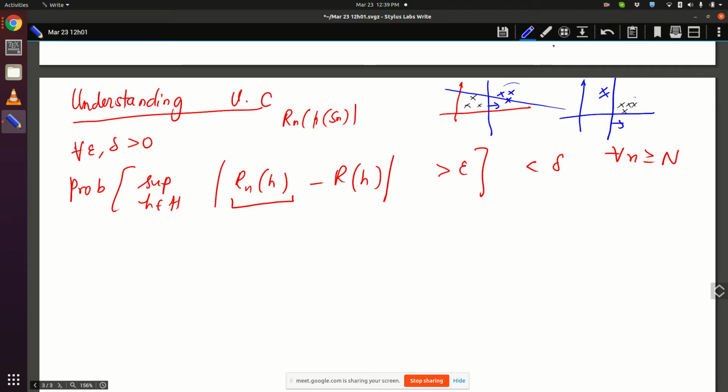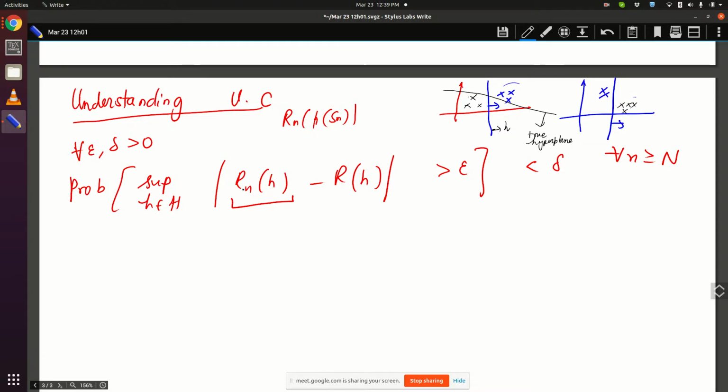Am I making sense? The true underlying hyperplane may be like this. I evaluated, and this was my h, the one that I have chosen. For this h, for these 6 points it's doing perfectly, so R_n(h) is 0, whereas for some other 6 points it is not going to be 0.